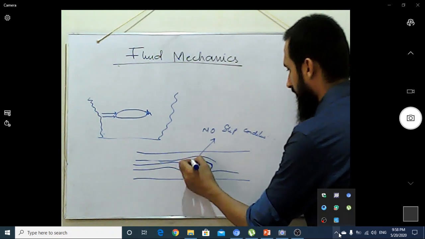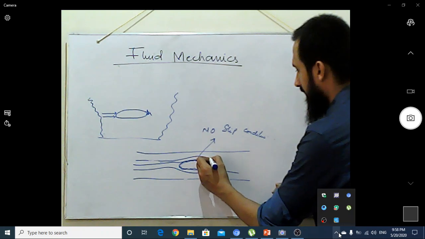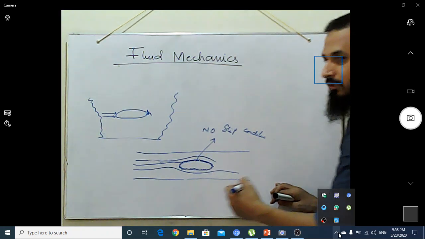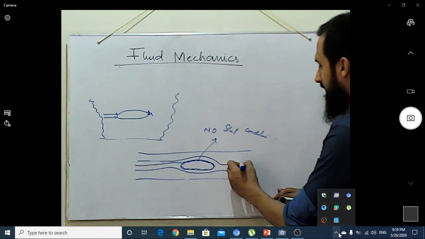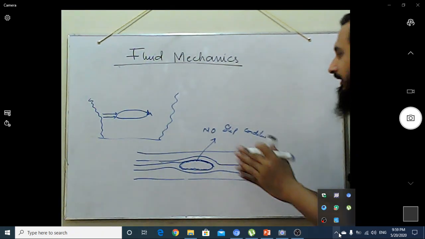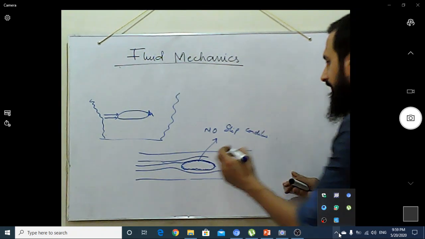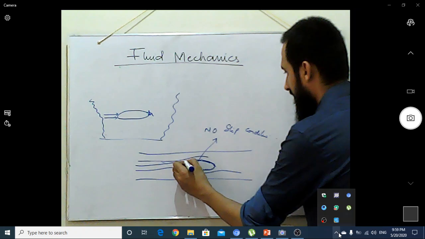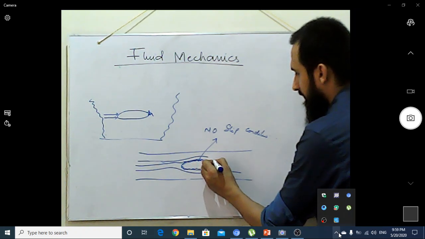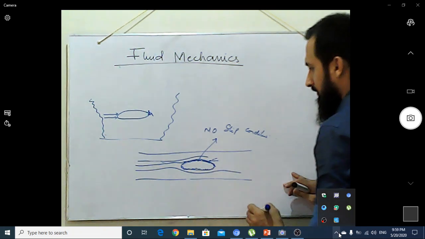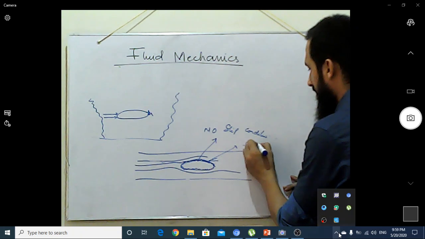Definitely there is the no slip condition, but when the velocity was lower in magnitude, the layers filled up all these regions and moved in a particular direction. But when the velocity increases and increases, a point comes when the layer very adjacent to the solid wall shows some separation, which is the so-called flow separation.